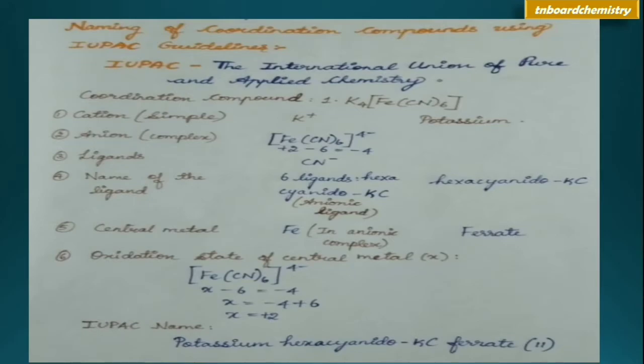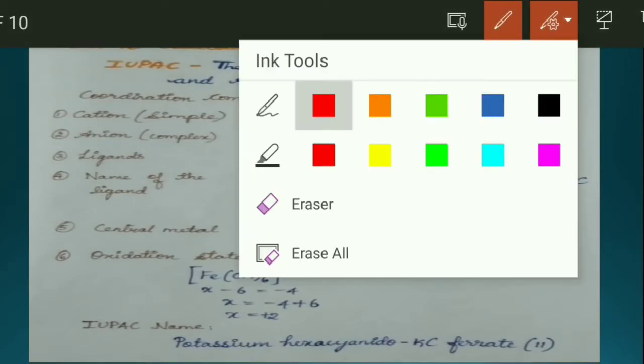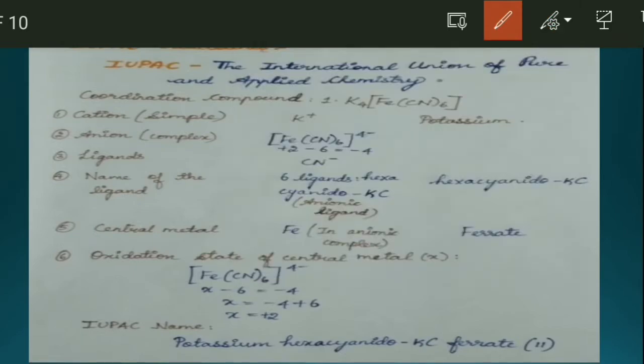Next, coming to the first example, K4[Fe(CN)6]. This is the compound we are going to study in the first example. We are going to see how to name this coordination compound using IUPAC guidelines. As I said in the previous video, first we have to name the cation.